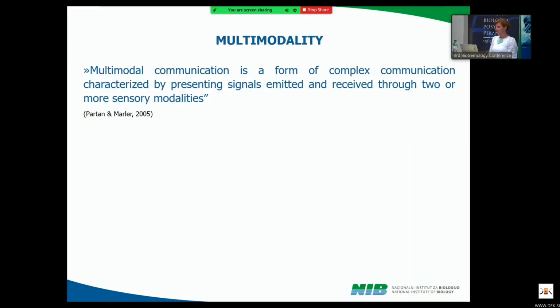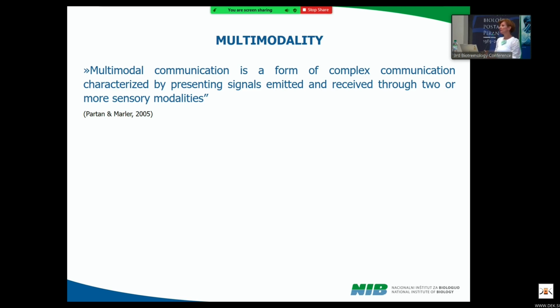But just a few words about multimodality, even though we heard quite a lot about it already in yesterday's very interesting and inspiring talks and today's already.